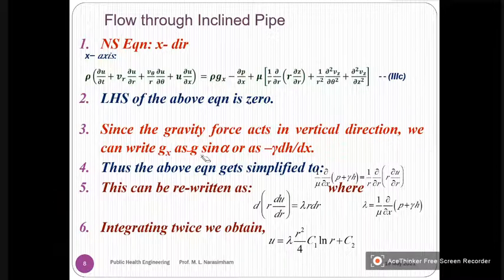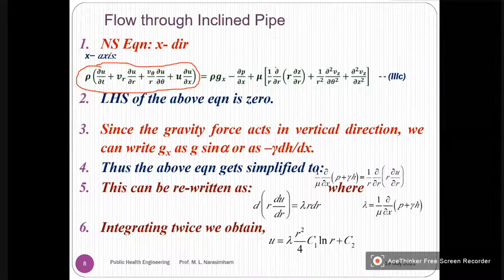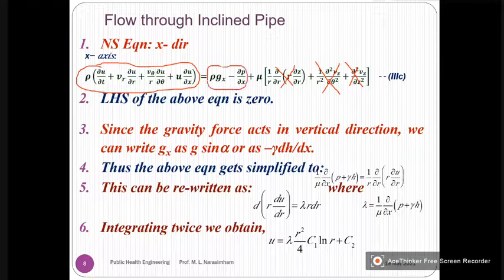So now this entire left hand side is 0, and coming here, this is 0, this is 0, and this is 0. You are left with this term only, right?